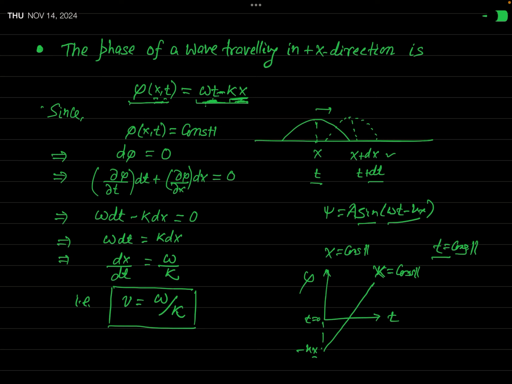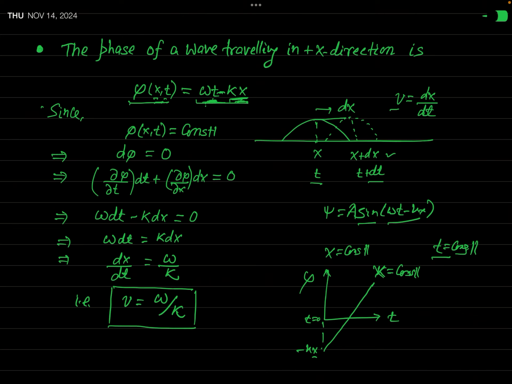So you can say that this crest has moved by a distance dx in time dt. So what is the velocity with which this crest is moving? That will be dx by dt. Actually, this dx by dt is the wave velocity. The velocity with which a crest or trough is moving, the velocity with which the compression or rarefaction is moving, that is called the wave velocity.